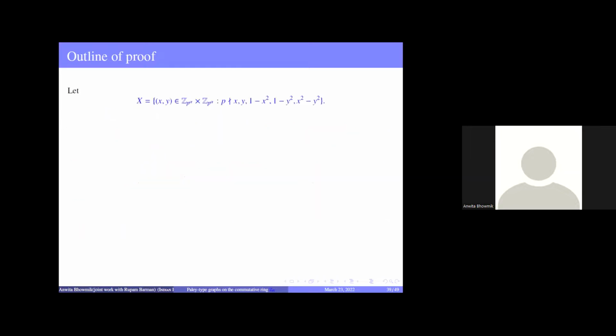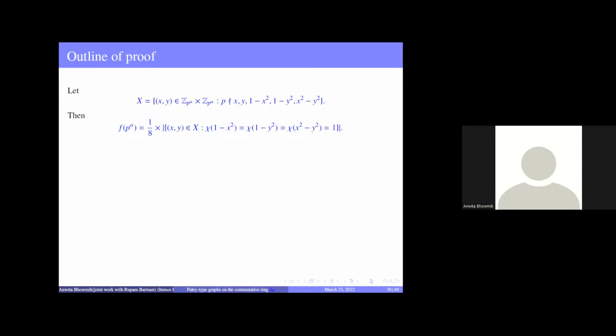To do that, we take this set capital X. This is a subset of Zn cross Zn such that x, y, 1 minus x square, 1 minus y square, and x square minus y square are all elements of Zn star. Then f of p to the power alpha is 1 by 8 times this cardinality.